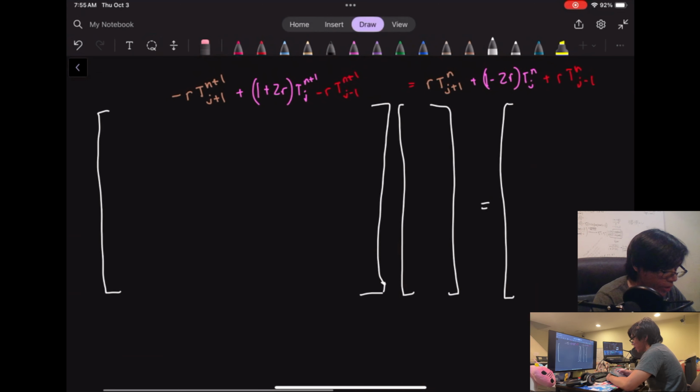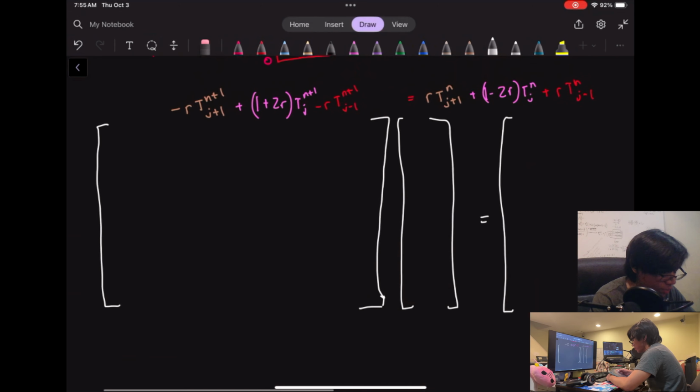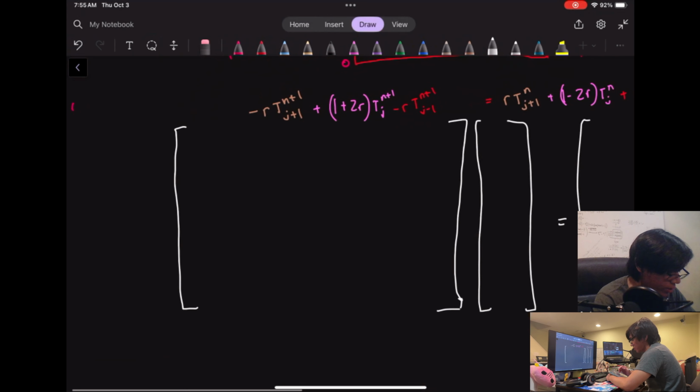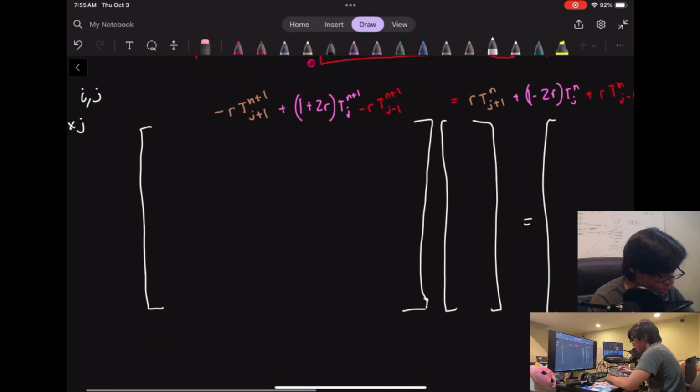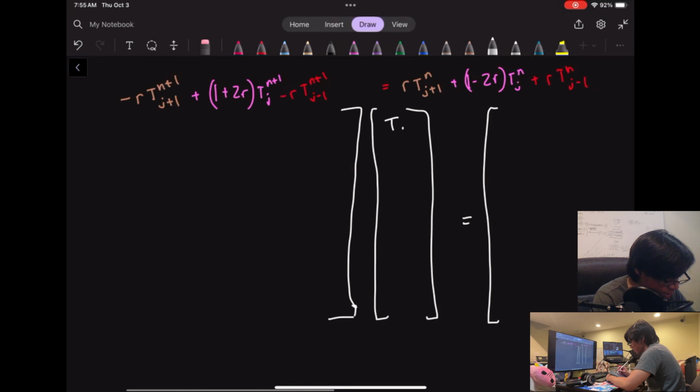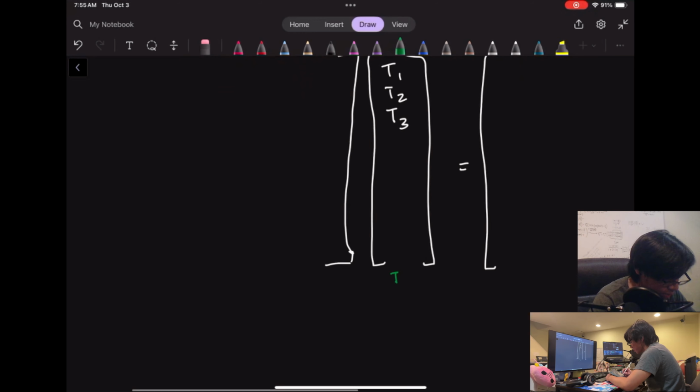So I guess the best way to visualize this, remember that matrices are denoted rows, columns. So I'll be writing them something like this, where I is a number, J is a number. In this case, we'll start with something we know. So T1, T2, T3. Remember that we know our initial T0 and our Tn+1. Obviously, this will be Tn.